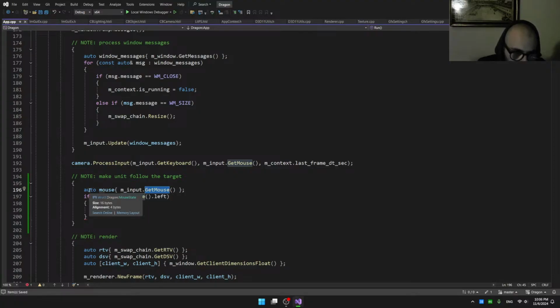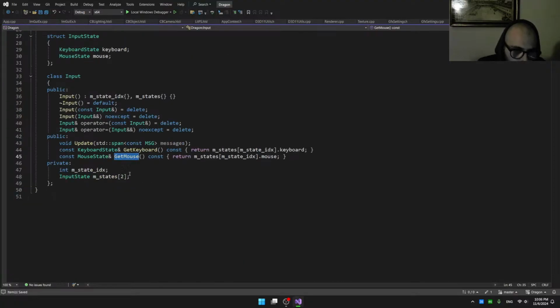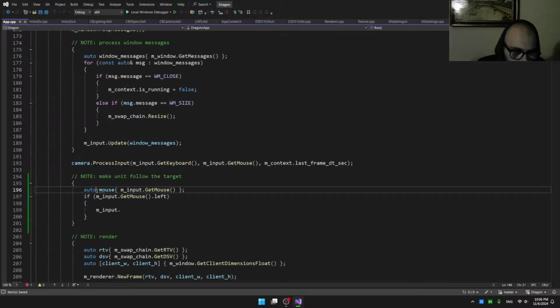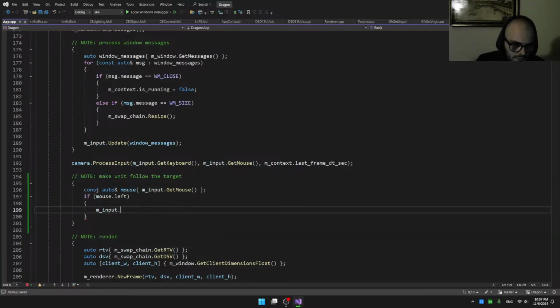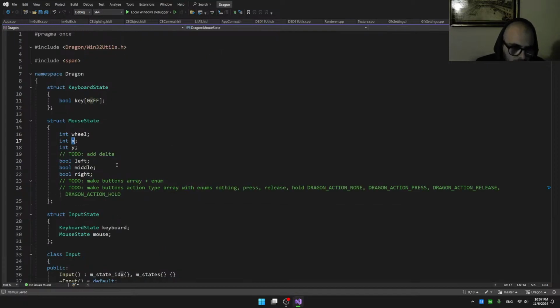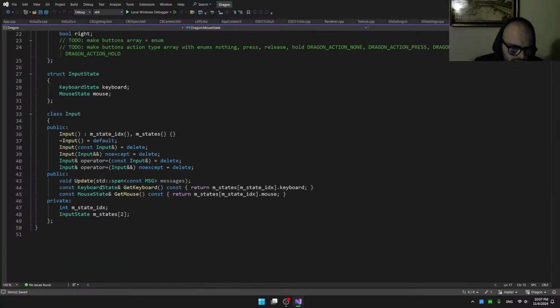So const auto mouse. Now dot x, dot y. The x and y are the screen coordinates, I presume.